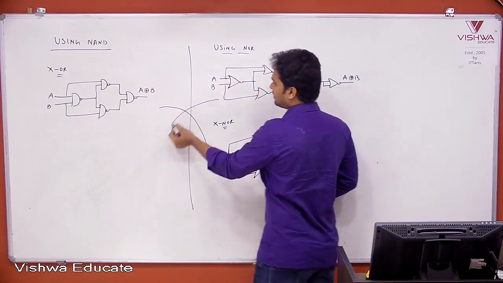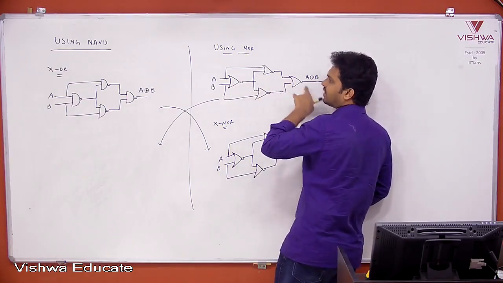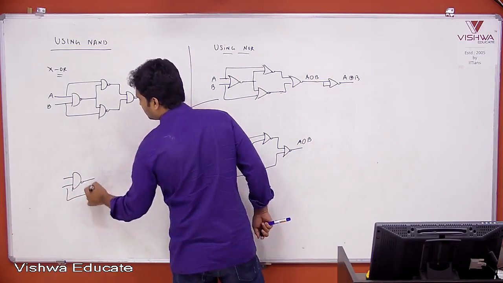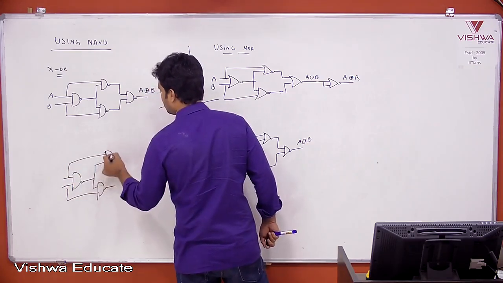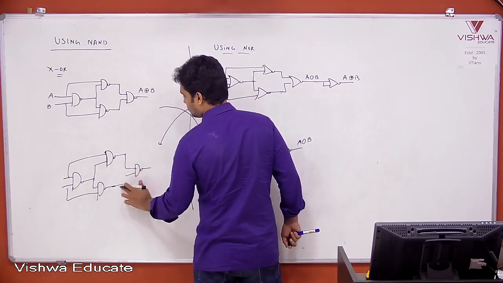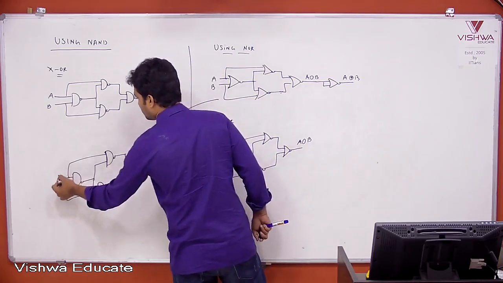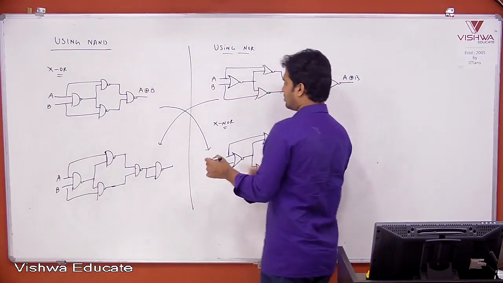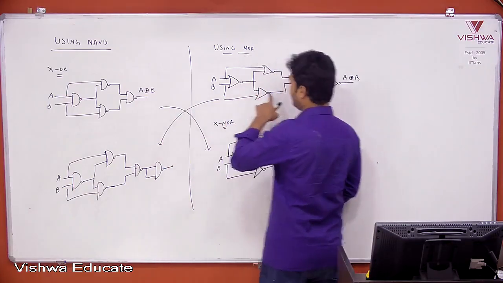Now, in this figure, please understand, replace every NOR gate with a NAND gate. Same figure or not? Every NOR gate I replace with NAND gate. Then here what is this gate?